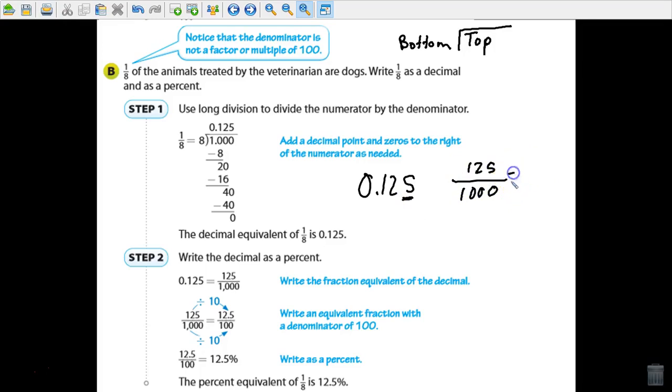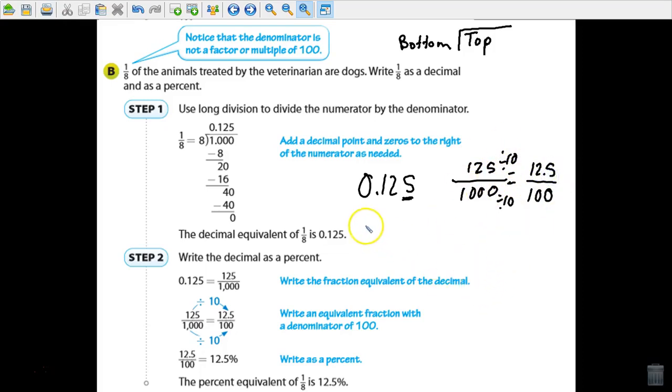But when I do this, I need to get the bottom to be 100. So basically, I'm taking away a 0, so I'm dividing by 10. All I'm going to do is take this decimal point and move it over to the left once. So I'm going to end up with 12.5.